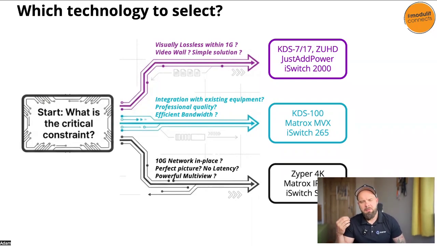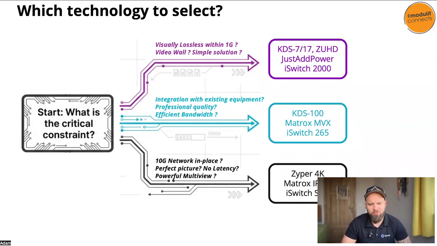Do we need the best possible quality, or is visually lossless within 1 gigabit enough? Do we need video walls? Do we need a simple solution? If yes, we can go with most of our offer, KDS 717, just add power solution, or Infobit iSwitch 2000.